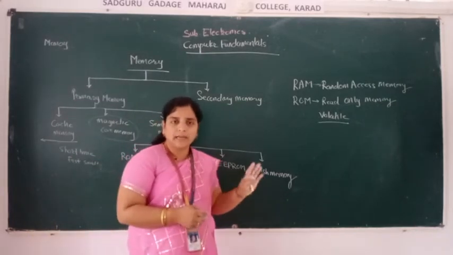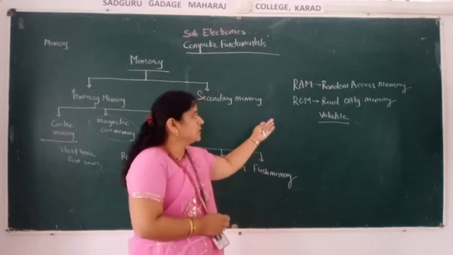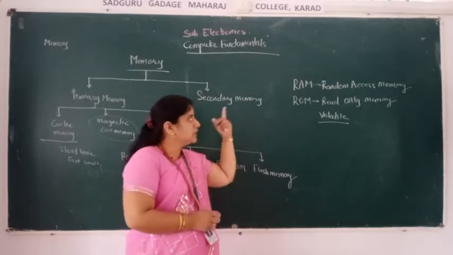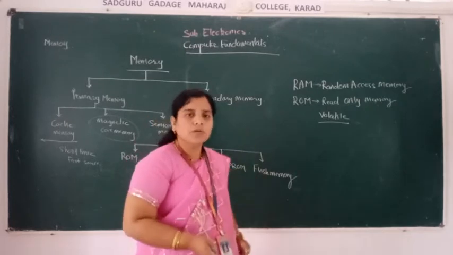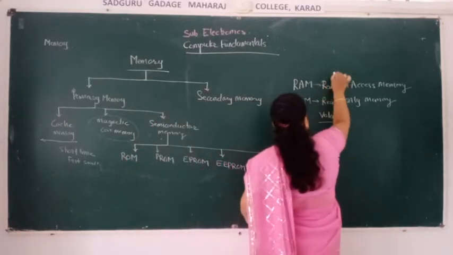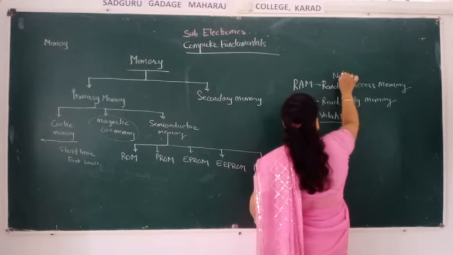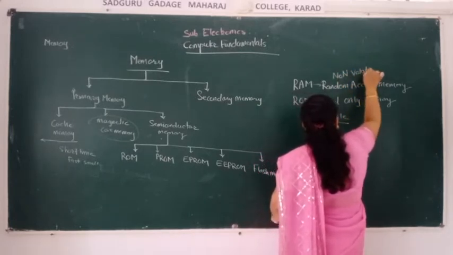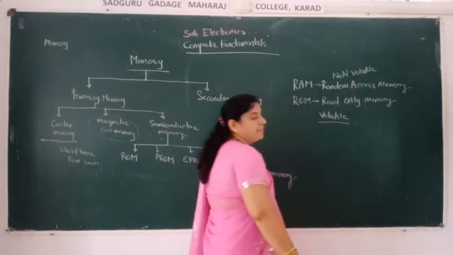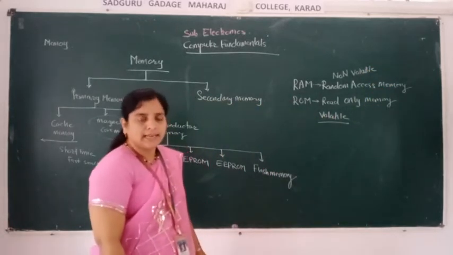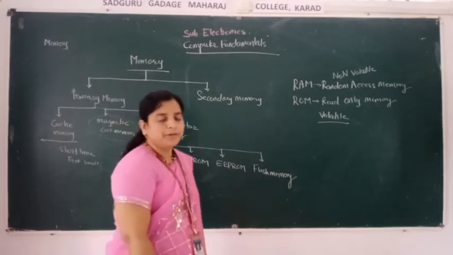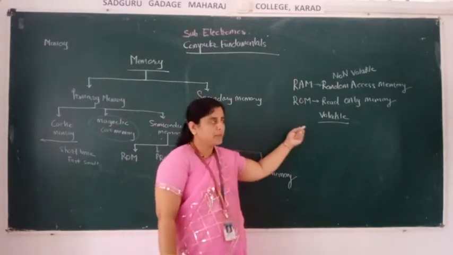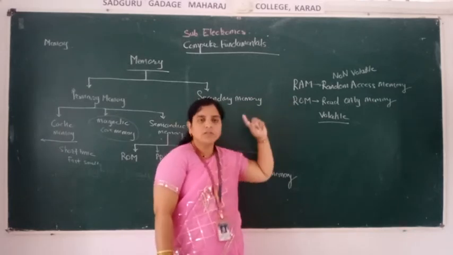But the random access memory is a non-volatile memory. Data will remain as it is. Non-volatile means data will not fail when the power fails or the computer is switched off. So ROM is the volatile memory and RAM is the non-volatile memory.